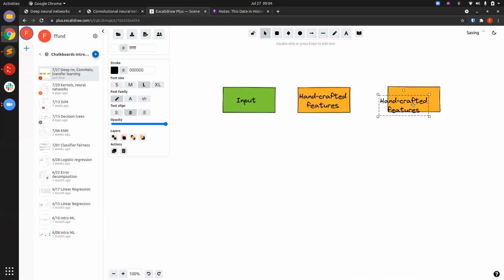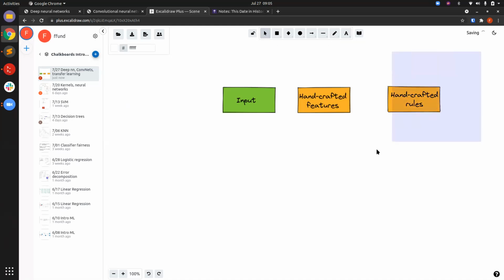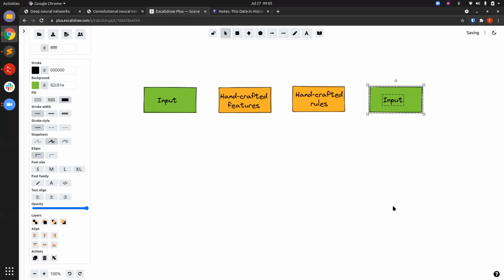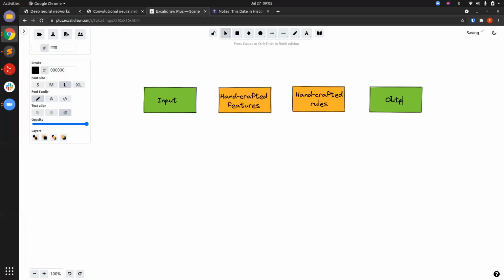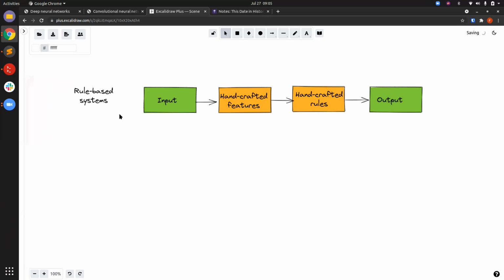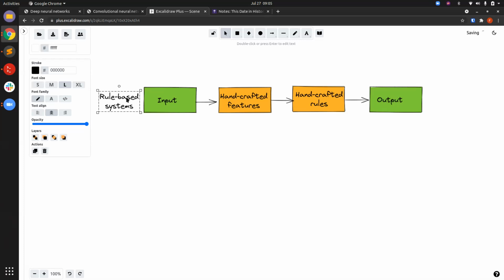Again, those were handcrafted rules for mapping from features to output. Okay, so finally we had the output. That was for rule-based systems.